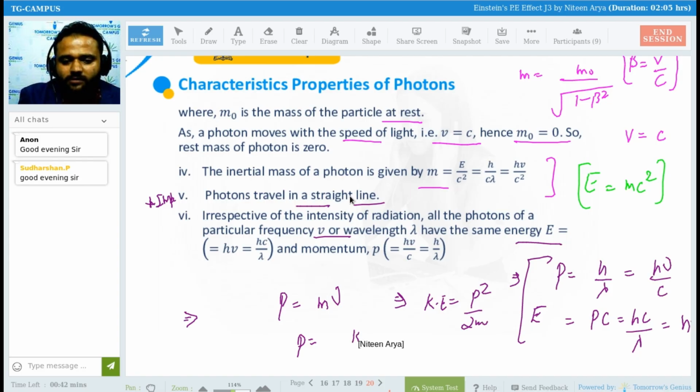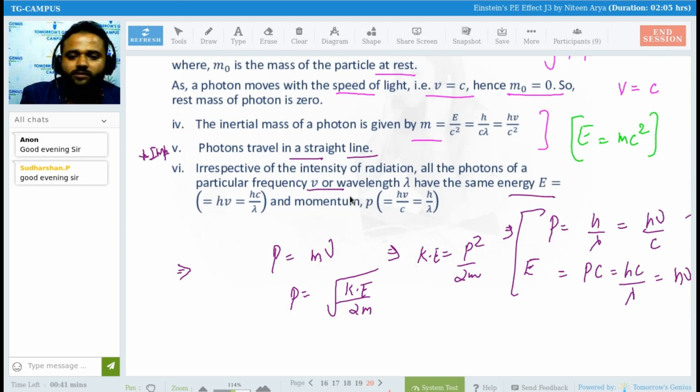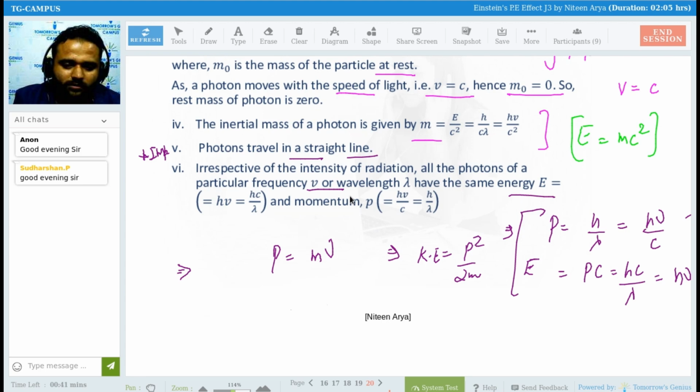So p is the square root of 2m times KE. Here E is mc square, and dividing by 2m, c square remains. So E by c you can write down. Mass you can find in this terminology.